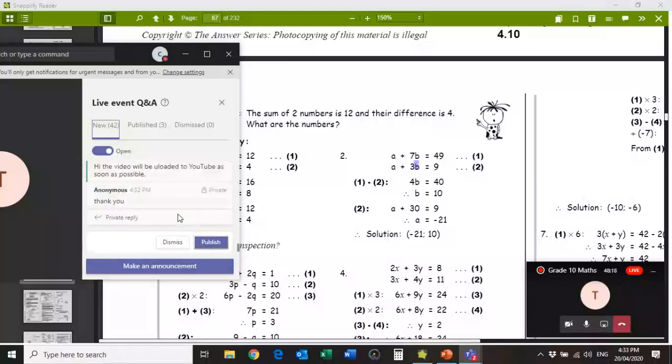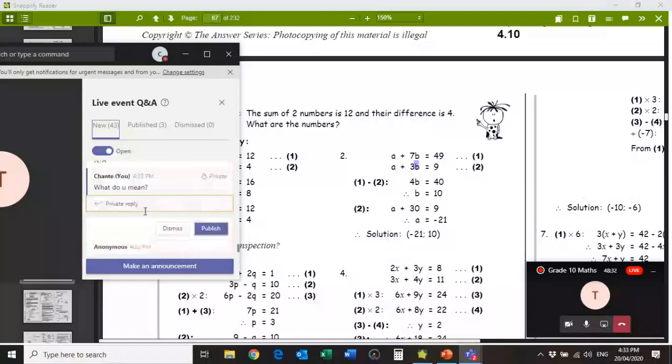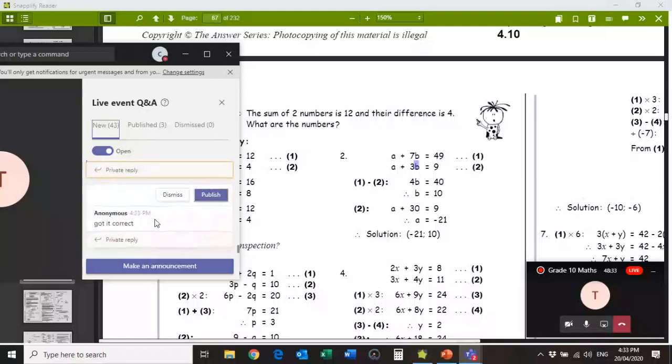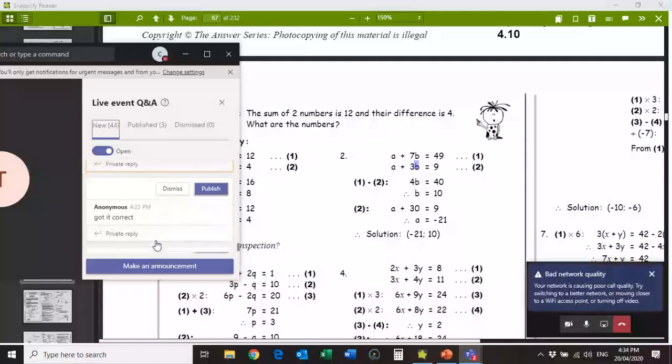Otherwise, we'll move on to number 3. Come on. I'm glad you got it correct. Miss Anonymous says they got it correct. I'm happy.